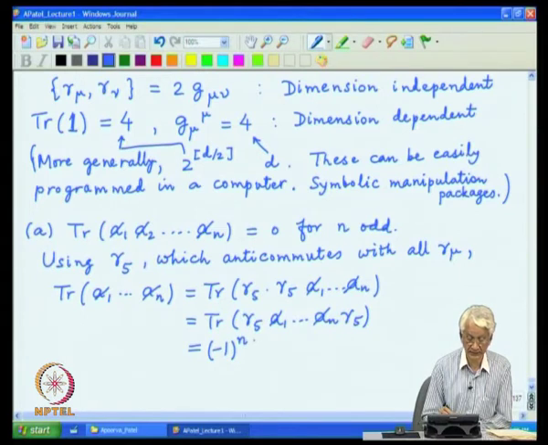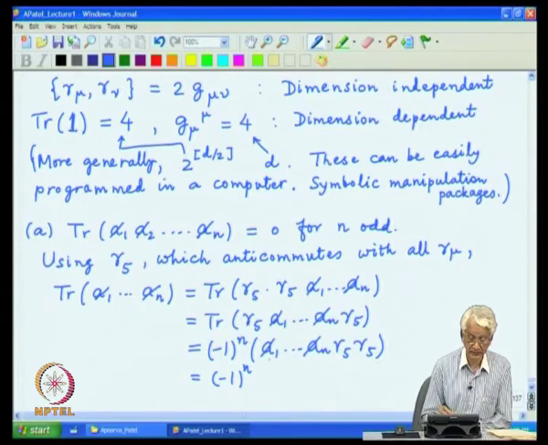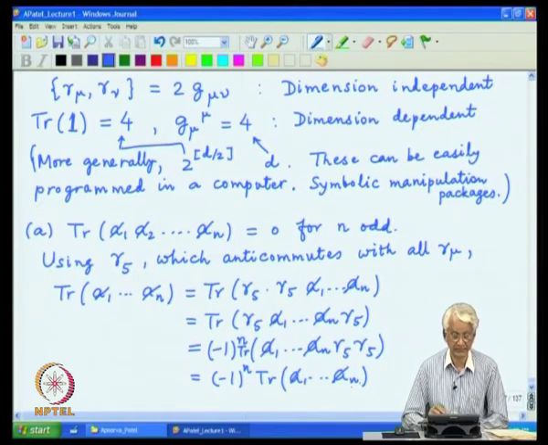So, the total object gives gamma 5 again collected at the end, and since gamma 5 squared is 1, it can be easily removed. I forgot the trace. The trace is equal to -1 raised to n times the same expression. So, it can be only non-zero when n is even.